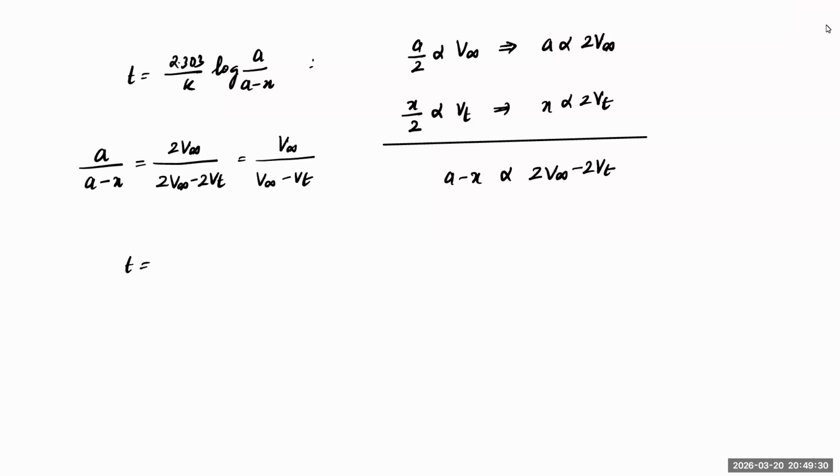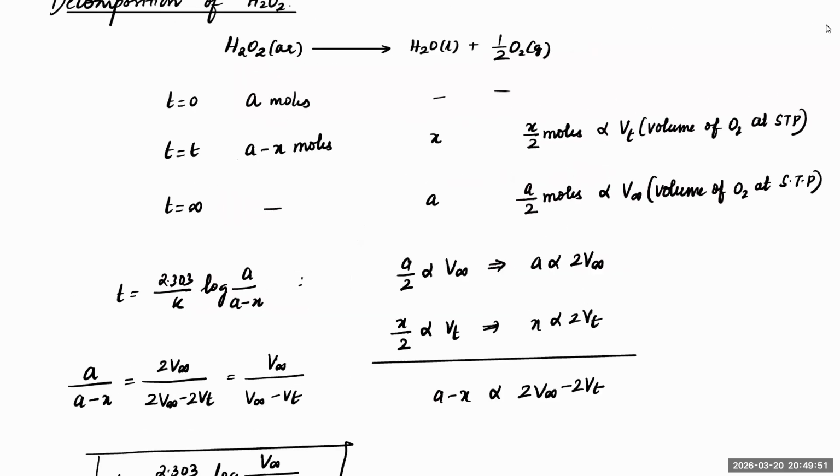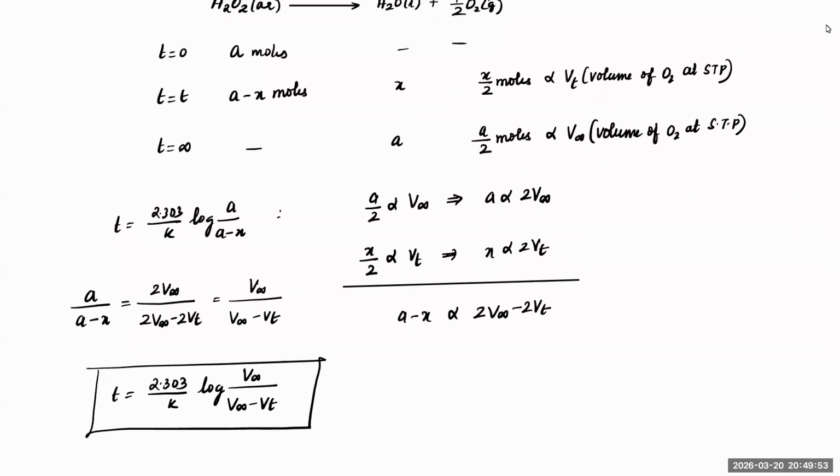So if I substitute that back, I would get this as 2.303 by K log of V infinity by V infinity minus Vt. So this will be the first order kinetics equation with respect to volume terms. Correct? So if the volume terms of oxygen at STP are given, we can use this.